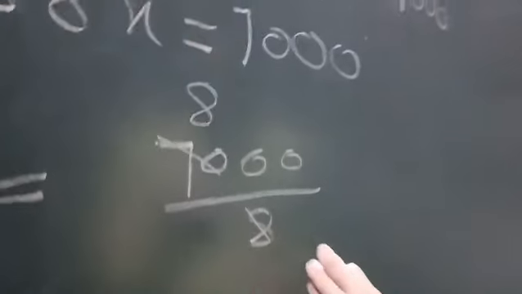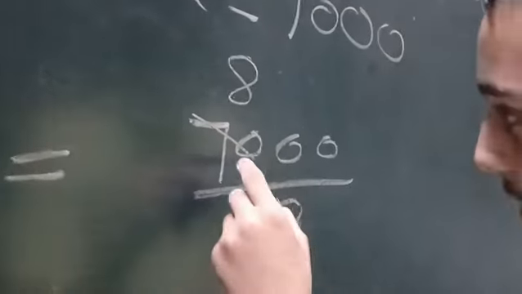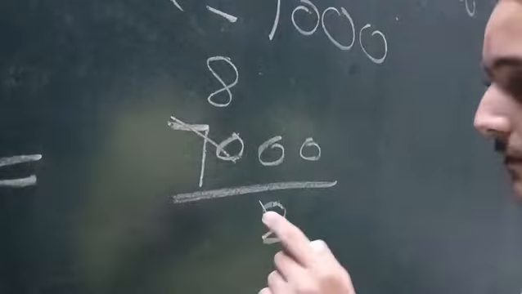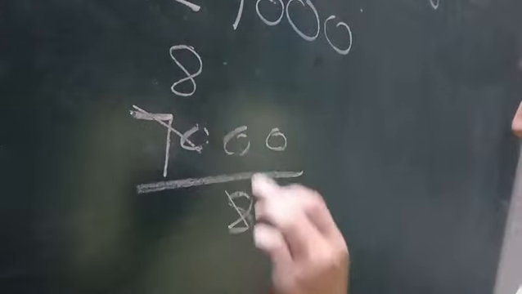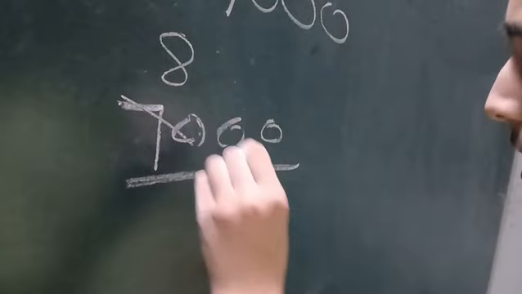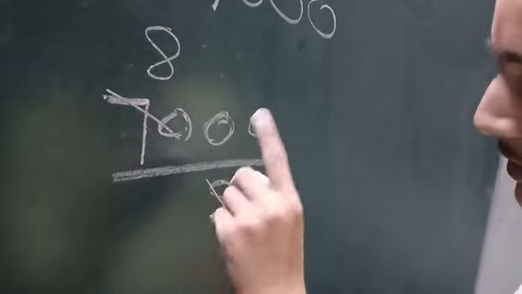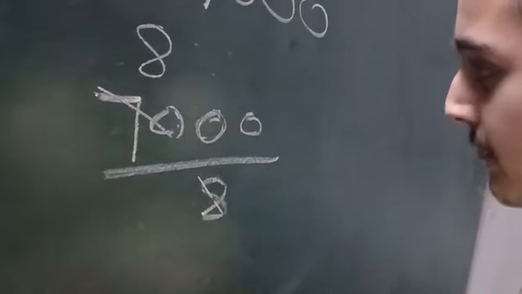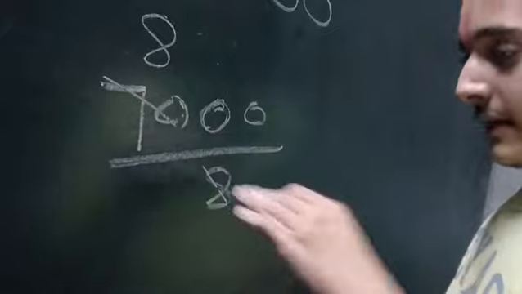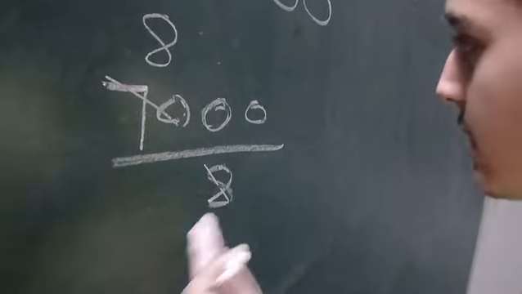Now 64 subtracted from 70 will be 6, and 0 is added, so it will be 60. 8 7s are 56, since 8 8s are 64, which is more than 60.